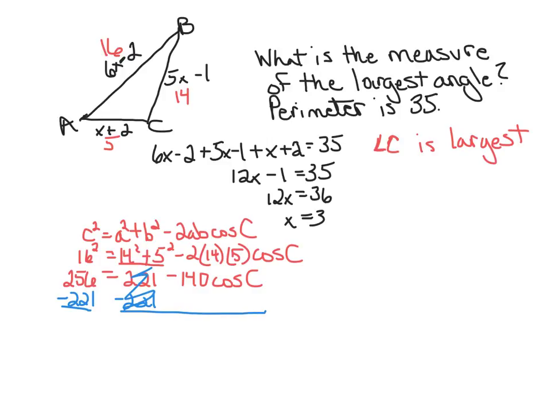And I get 35 equals negative 140 cosine C.